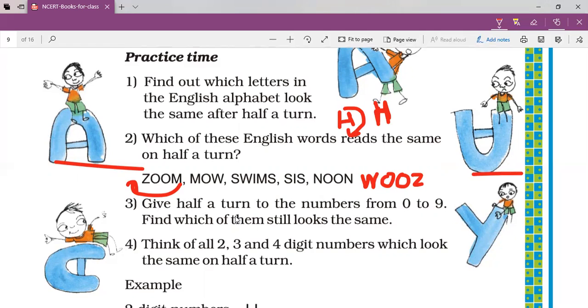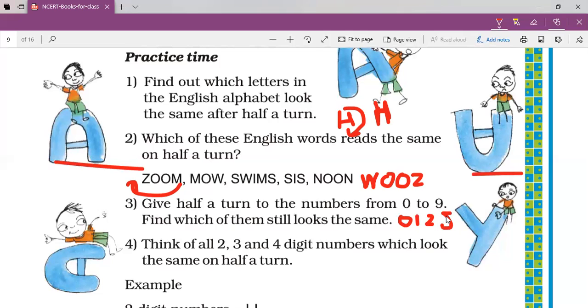Give a half turn to the numbers from 0 to 9. Find which of them still look the same. Do it the same way. When we give a half turn to 0, it looks the same. If it is 1, when we give a half turn to 1, it looks the same. When we give a half turn to 2, how will it look?